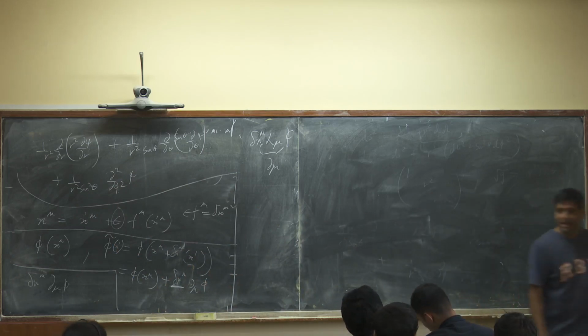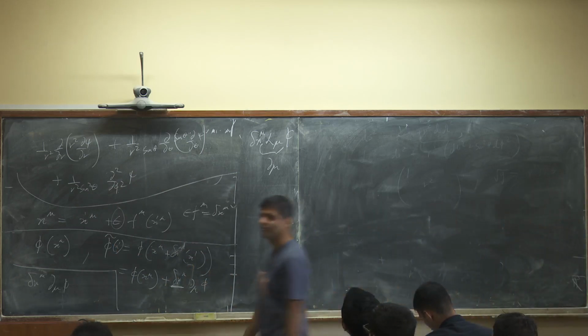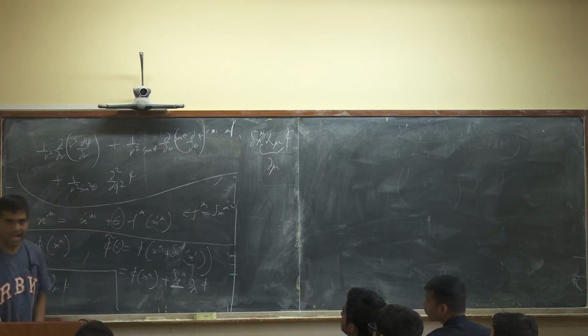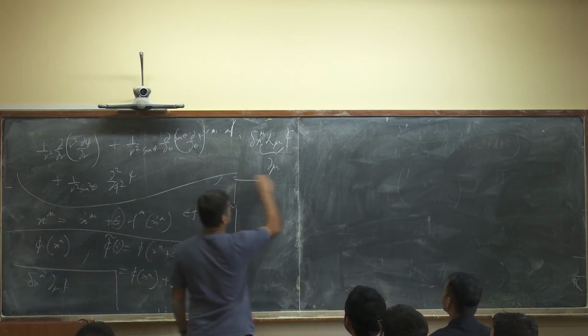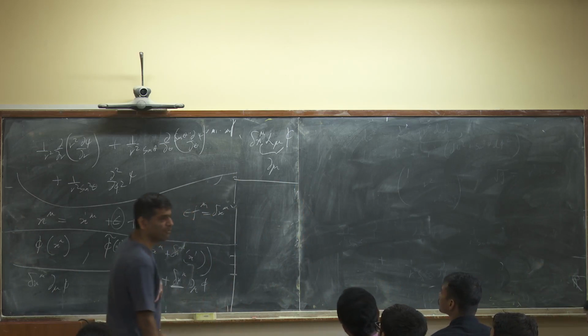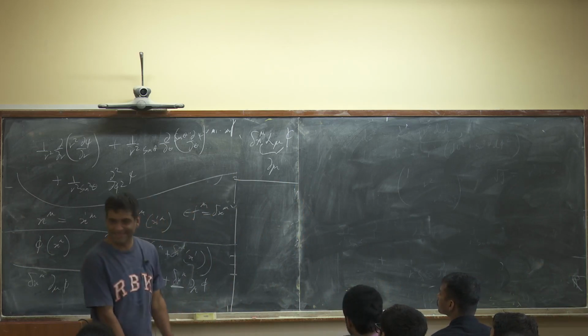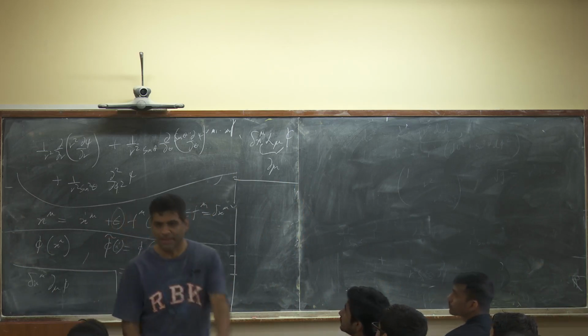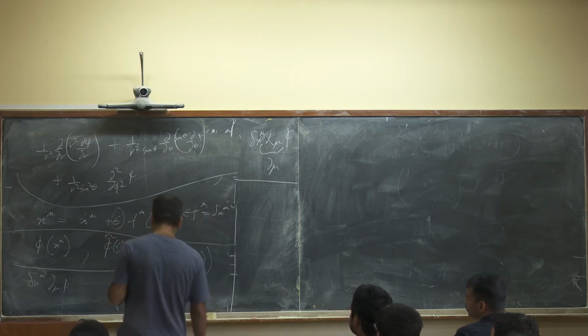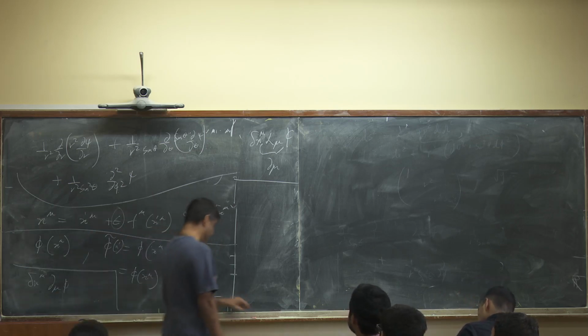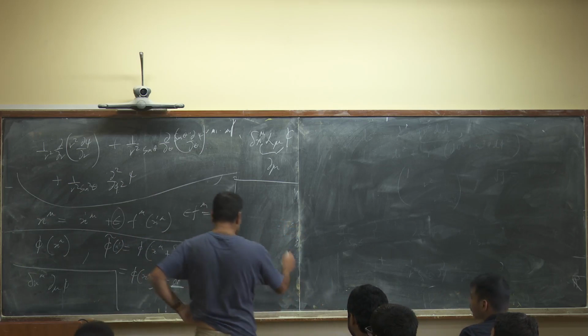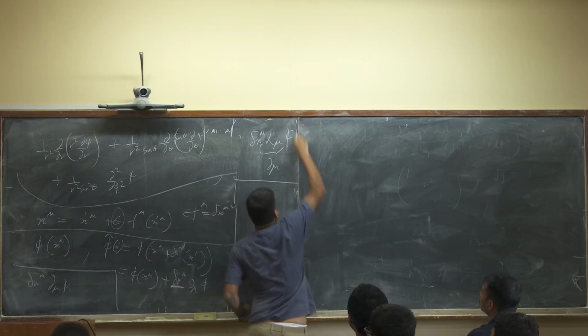Okay? And it's not a big deal because we know all the rules. So let's work it out one by one. Let's work it out for a lower index, let's work it out for an upper index. And then I'll stop the class. Okay. So let's see. Let's be careful.